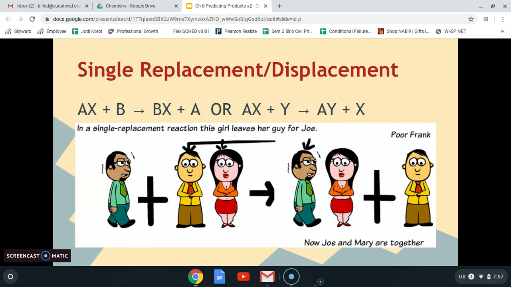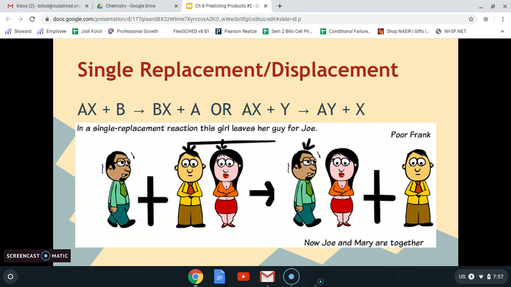Now this is, I guess, a very bad example of a single replacement reaction, but it kind of gives you an idea. In this scenario, you see two people together, okay? Frank and a girl named Mary are together, and a guy named Joe comes along. Frank gets left to the curb here.